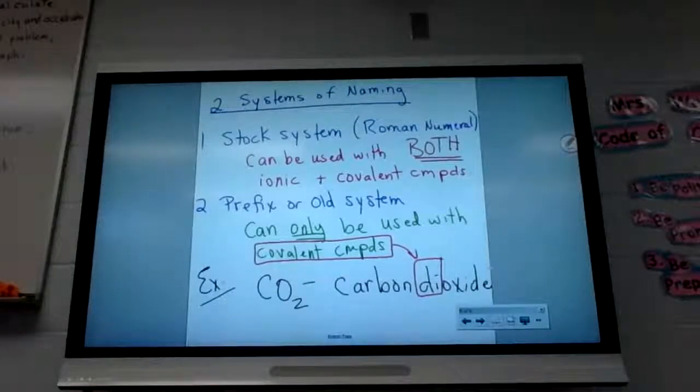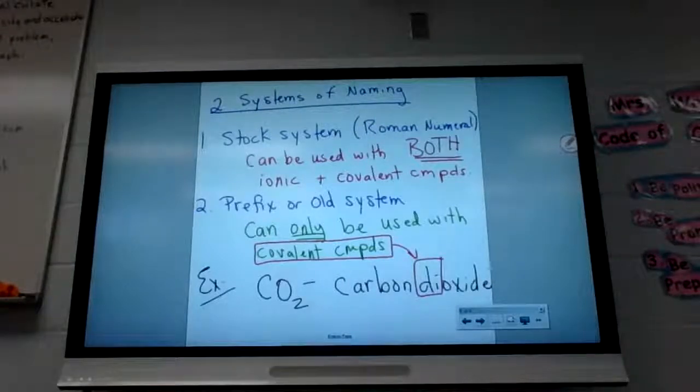Okay? It doesn't work. And so that's why we have to learn the other system. And you have to be able to recognize an ionic compound or a covalent compound. Because some of you will stick those prefixes on the wrong compounds and you automatically get the wrong answer, which is why we have to know the difference. Okay? Everybody with me so far?